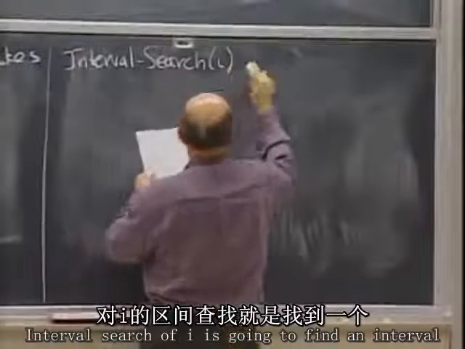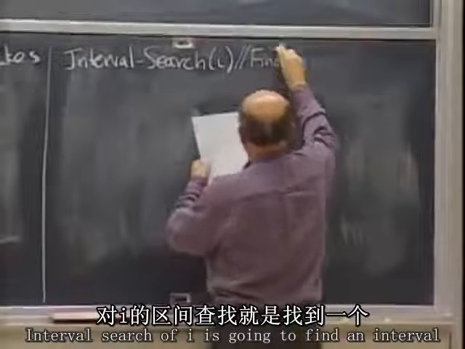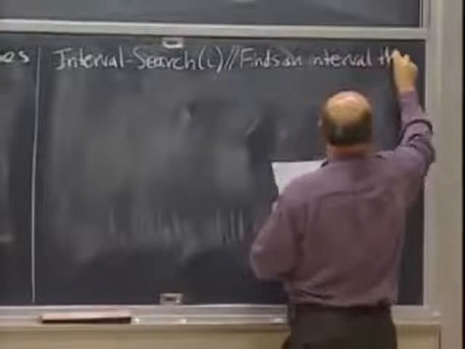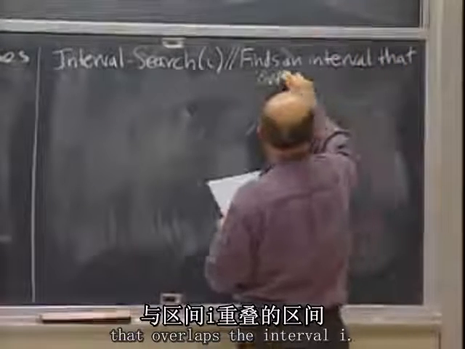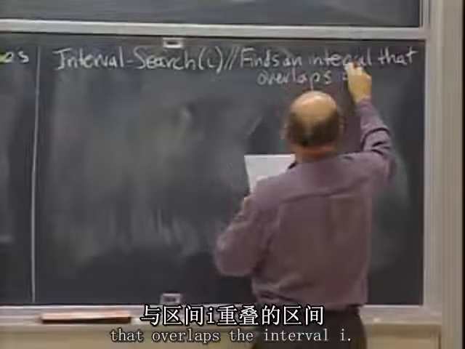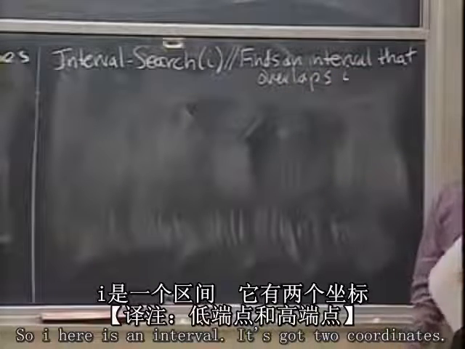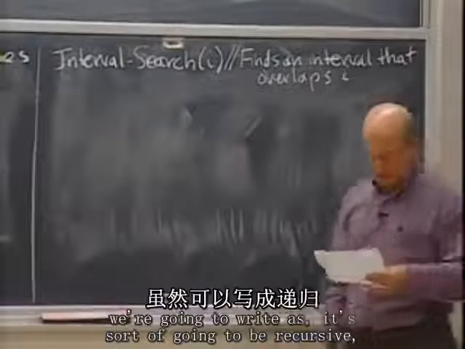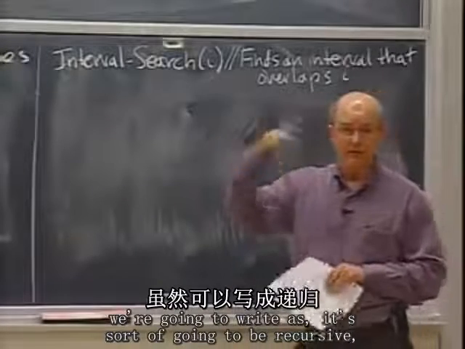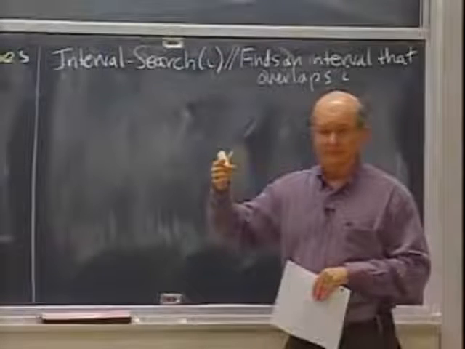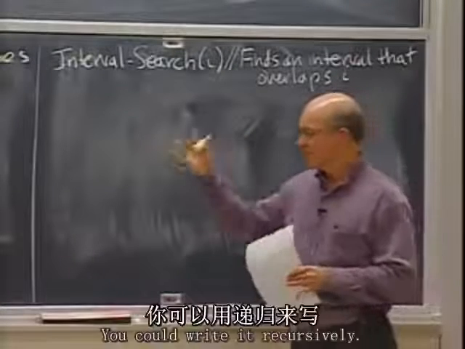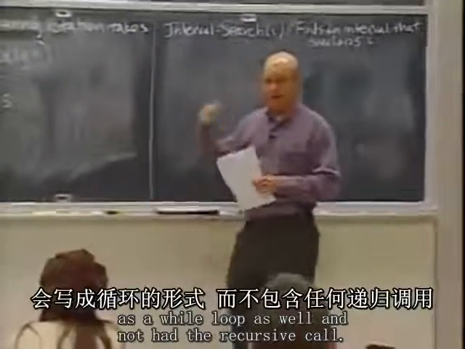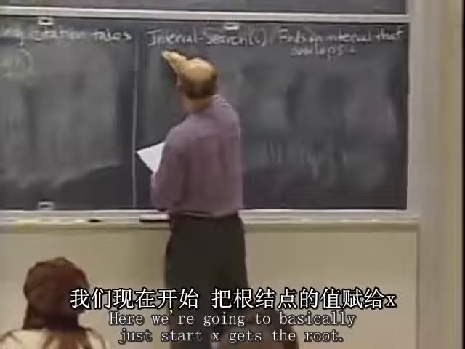So the interval search of I is going to find an interval that overlaps the interval I. Okay, so I here is an interval. Got two coordinates. And rather than writing this recursively, we're going to write it with a while loop. So it's equivalent. You could write it recursively. The other one that we wrote, we could have written as a while loop as well and not had the recursive call. So here we're going to basically just start x gets the root.